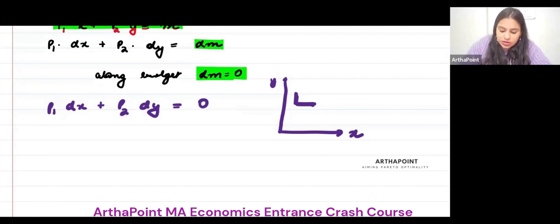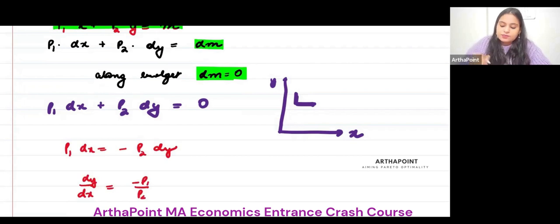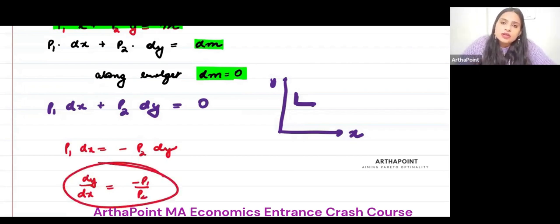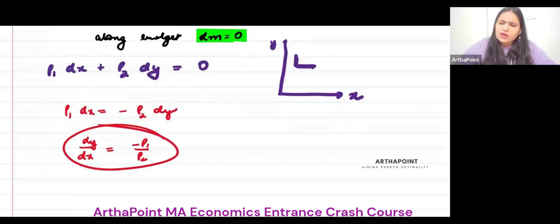So P1 dx will be minus P2 dy. So dy by dx will be minus P1 by P2. This is another way to find the slope of the budget line. So the aim, first of all, is to understand the slope of the budget line, and we have found out that it is minus P1 by P2.